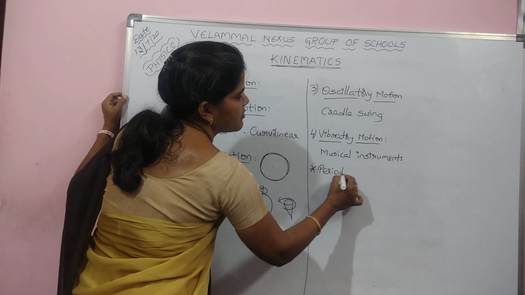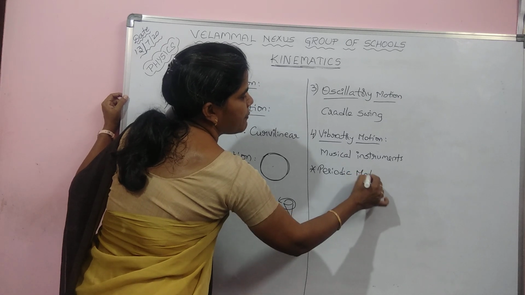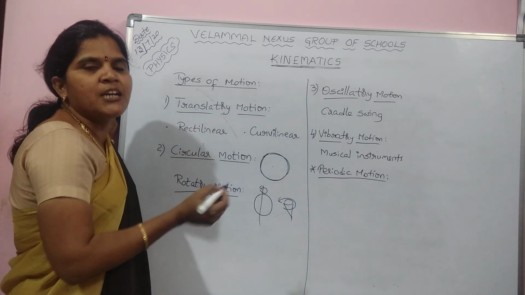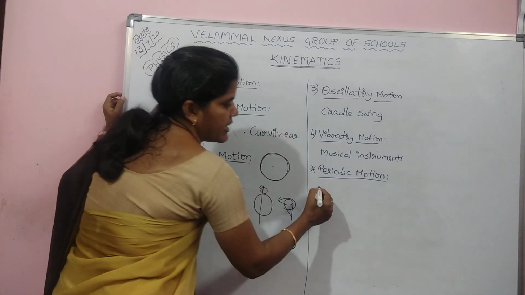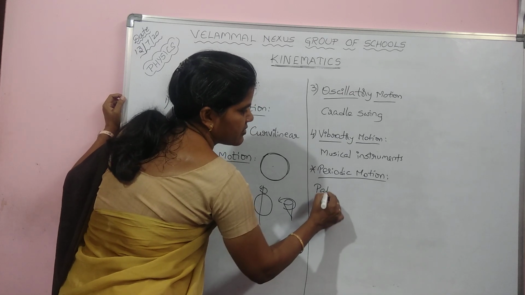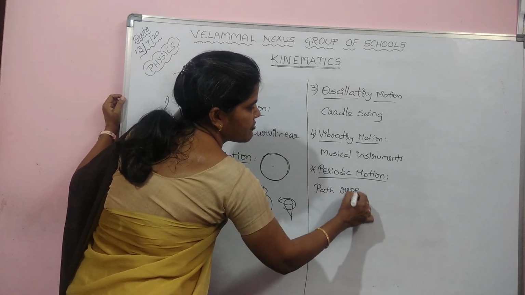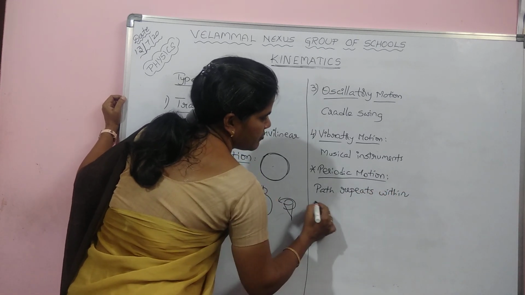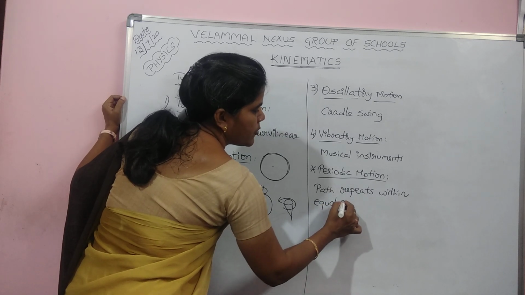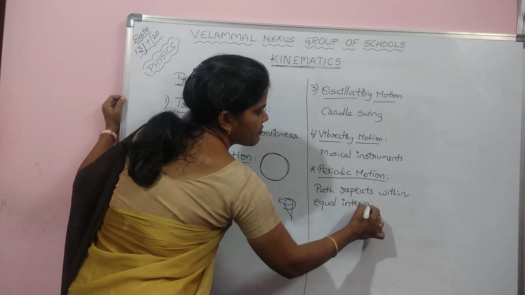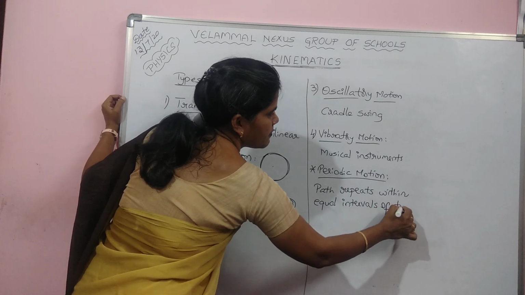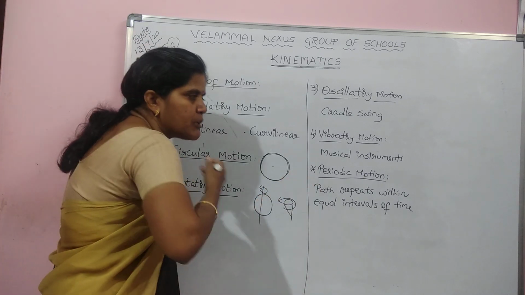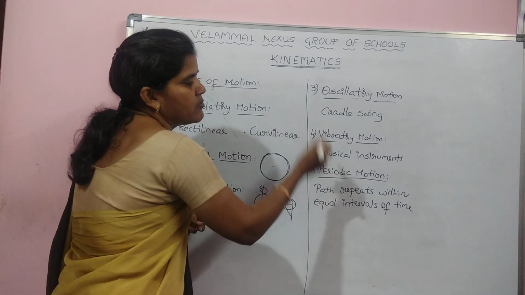If there is a repetition of the path in equal intervals of time, if the path repeats within equal intervals of time, then it is called periodic motion. I repeat, children, if the path repeats within equal intervals of time, then it is periodic motion.